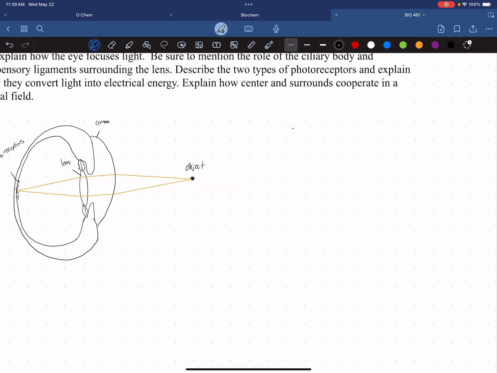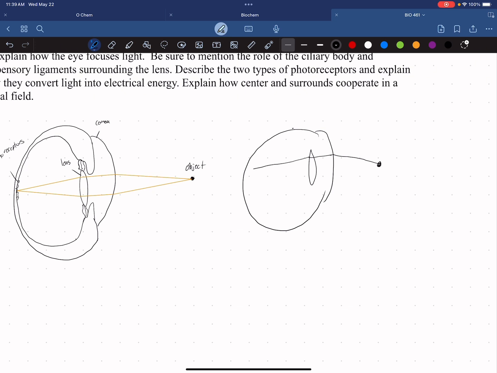now I'm going to talk about some variances that happen in the eye in terms of bending light. So I'll do a quick little drawing here. Say we have our object here, and the light gets bent first by the cornea and then again by the lens.